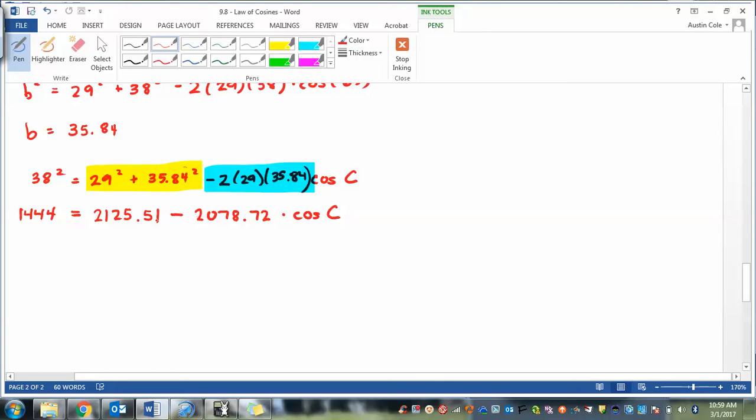Now I'll just subtract these two together. No. Multiplication here. These guys are married together. Okay? So I need to subtract 2,125.51 first. And I'll be left with negative 2,078.72.